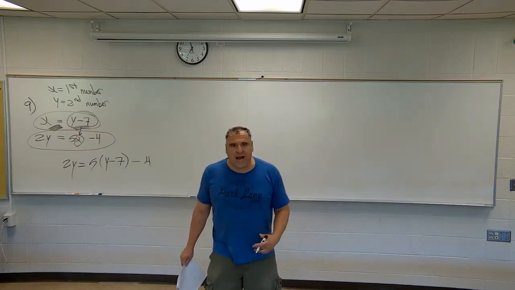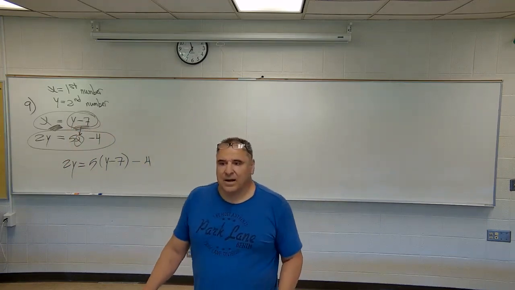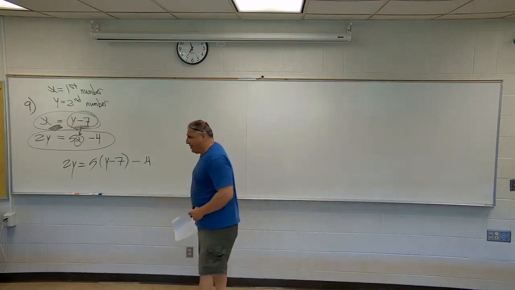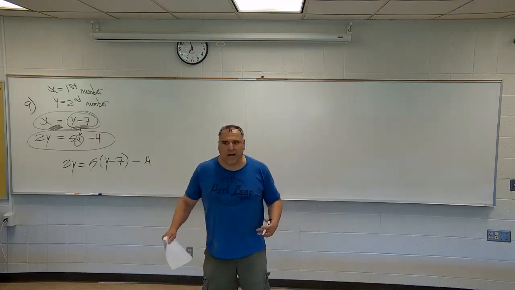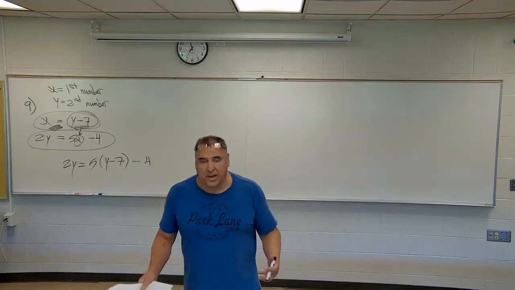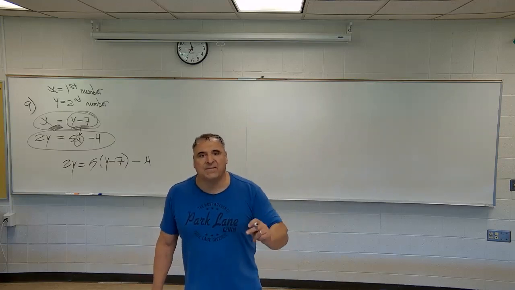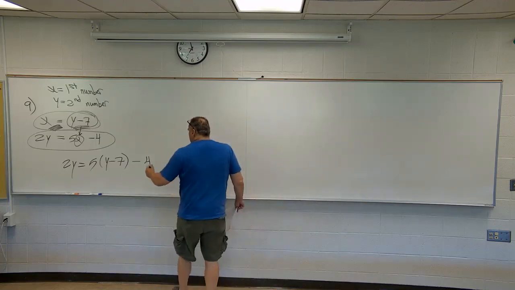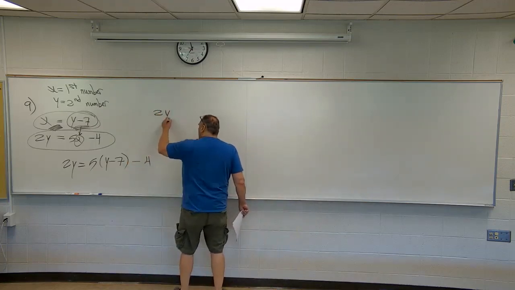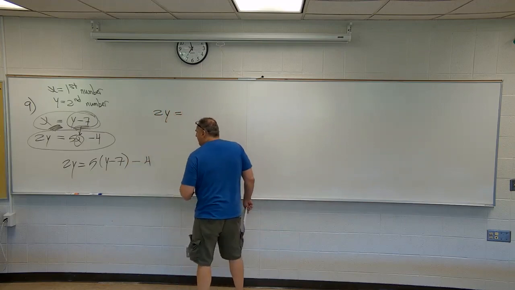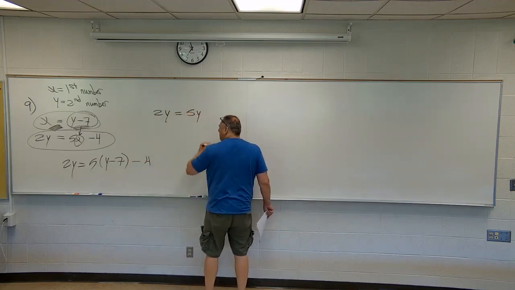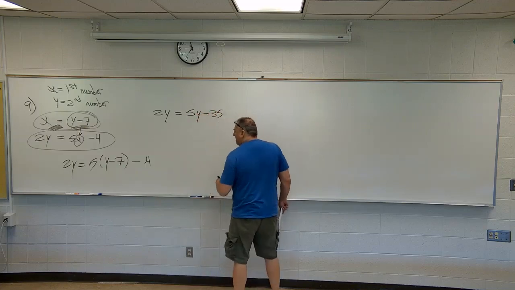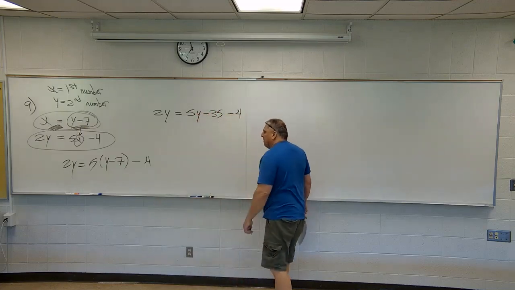The point is you have to have the mathematics work out. And the way the mathematics works out is you have to eliminate what you need to eliminate, and you need one thing by itself. Go for it. 2y is 2y. 5 times y is 5y. 5 times -7 is -35. Minus 4.